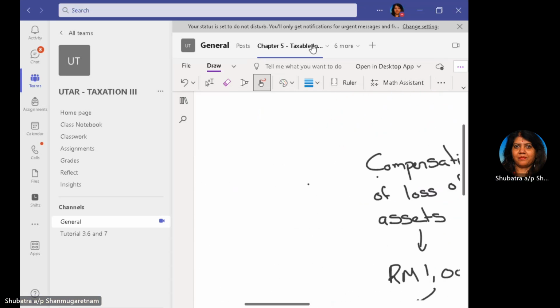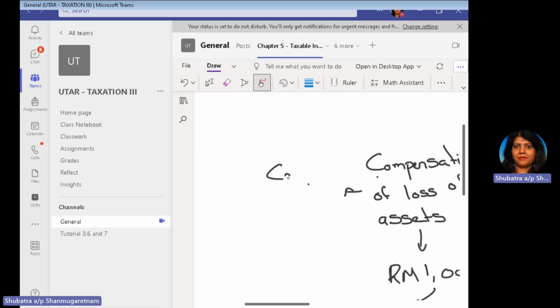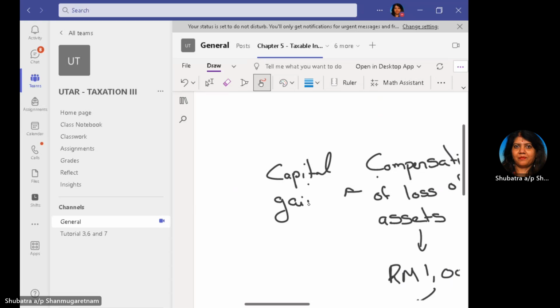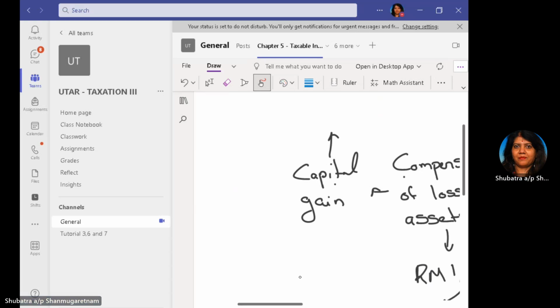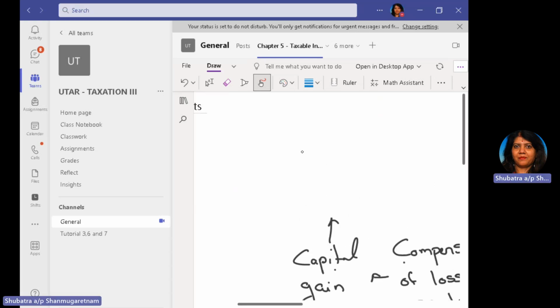Now, on the other side, my 600,000 is a capital gain. Why? Because there is a permanent loss.